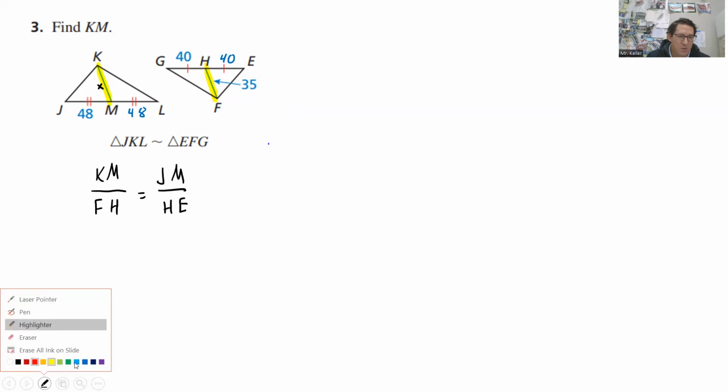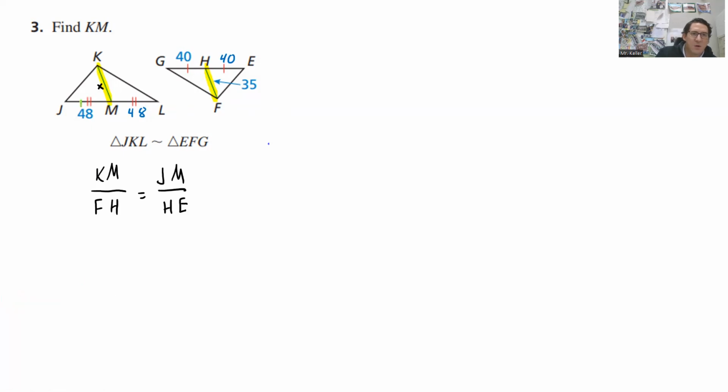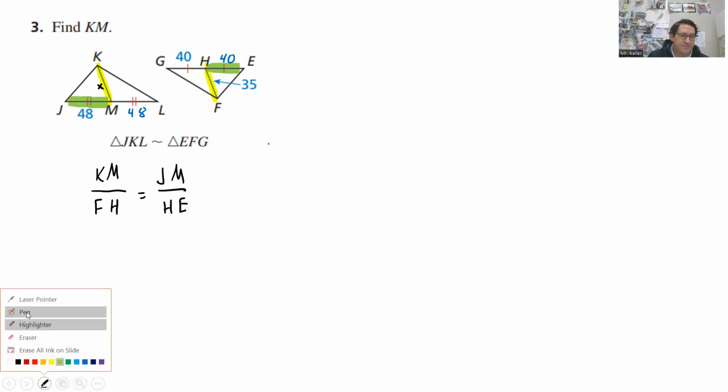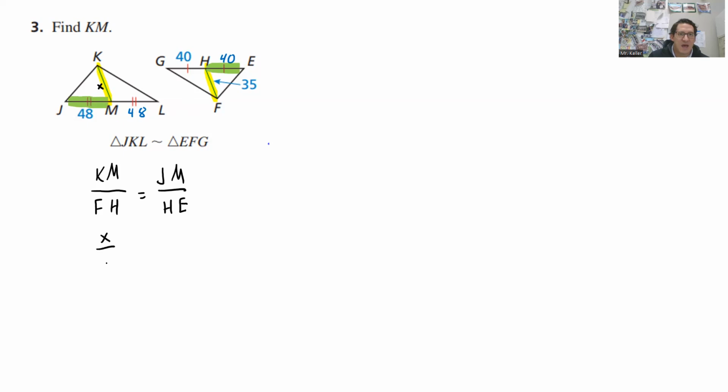We will use green. So I'm using JM and HE. Those are going to correspond. So KM is X, FH is 35, JM is 48, HE is 40.